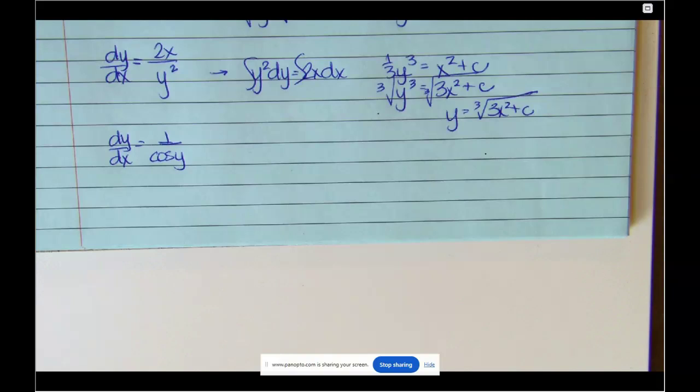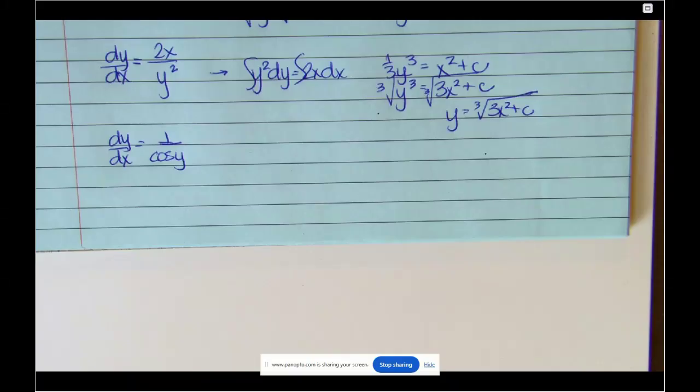Okay, now we gotta integrate. How do you do inverse sine? Well, the inverse of sine is just one over sine.